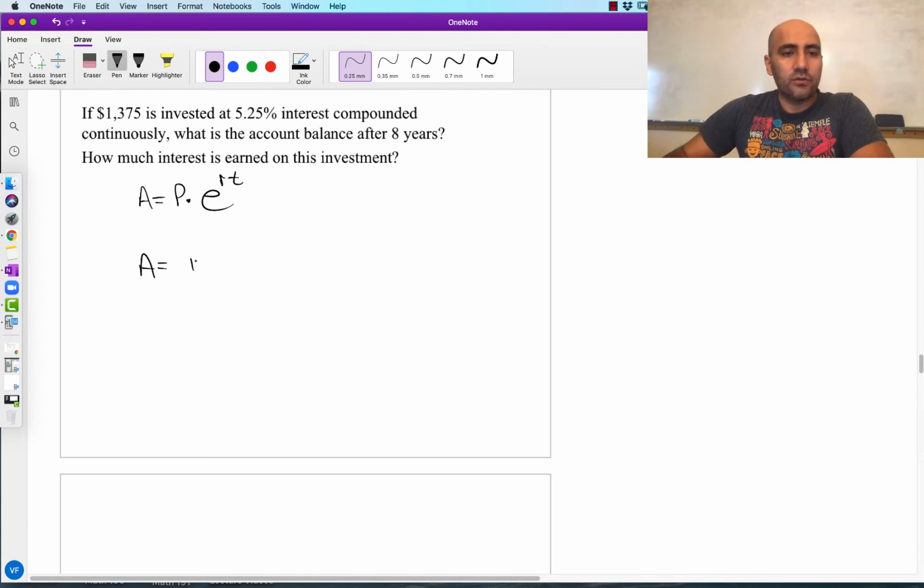A equals 1375 times e to the power of 0.0525 times 8 years. Okay, so now we just punch it into our calculator and get a result.